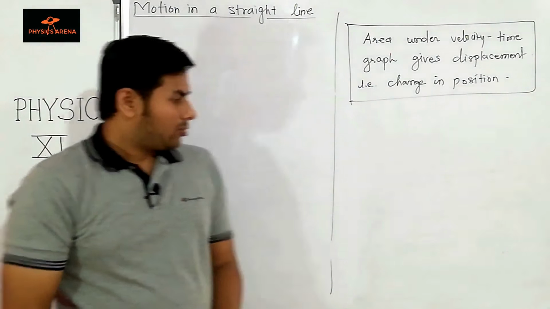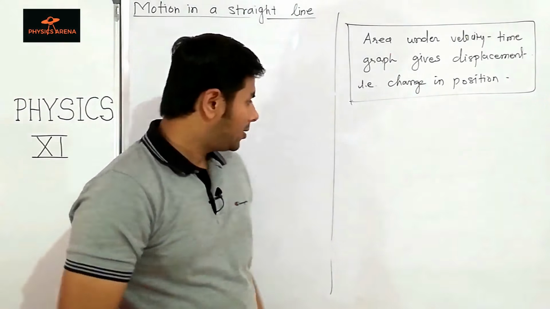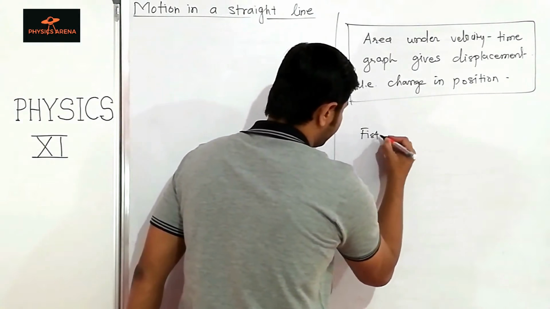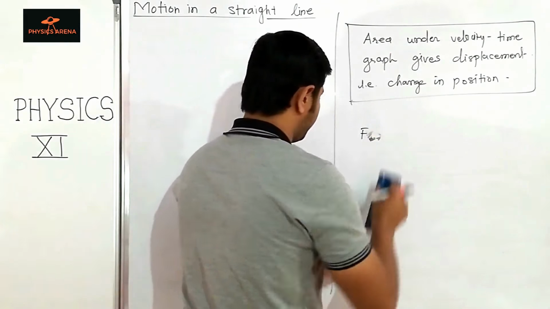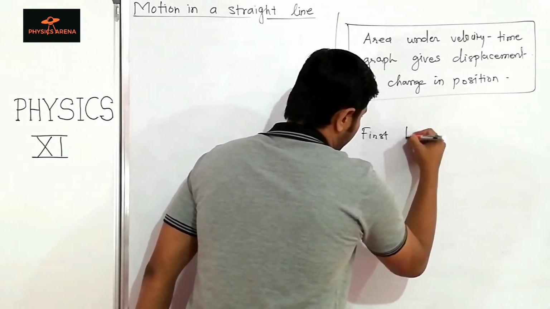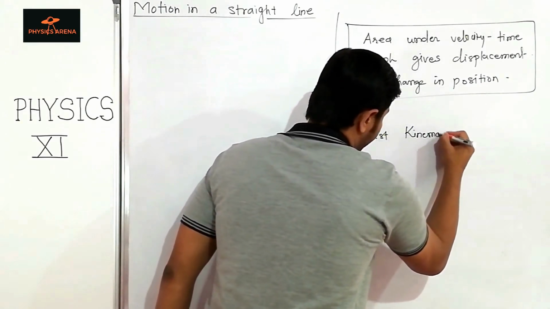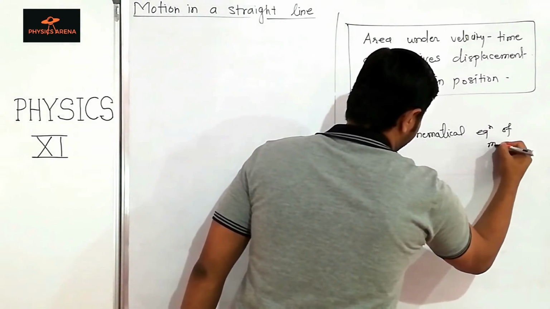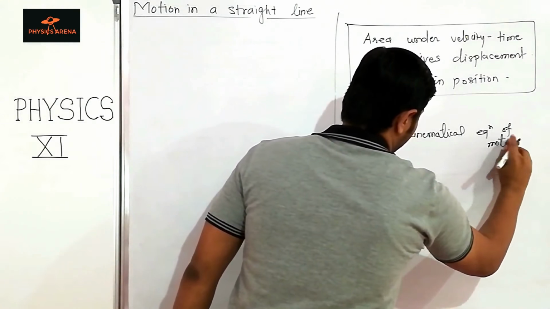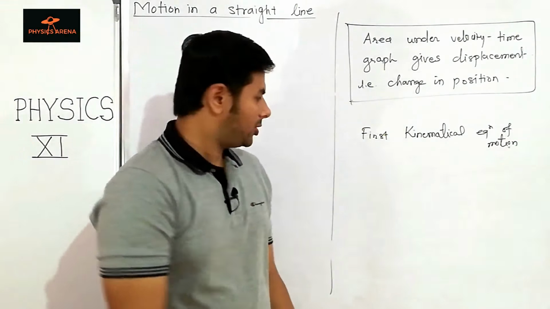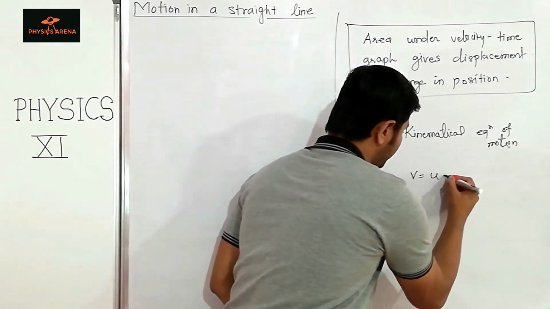Now, in the last lecture, we also found the first kinematical equation of motion, and we know that this equation of motion is v equals u plus at.